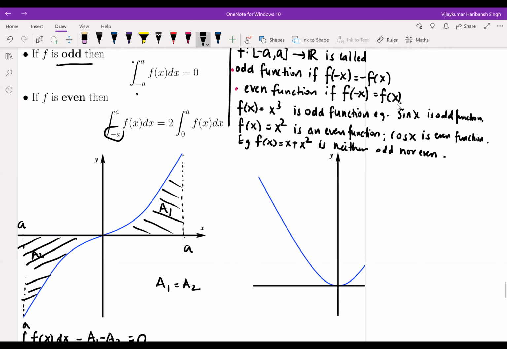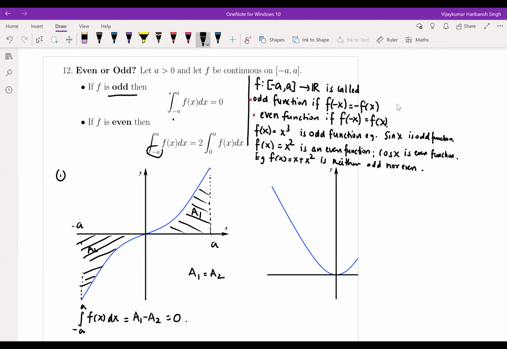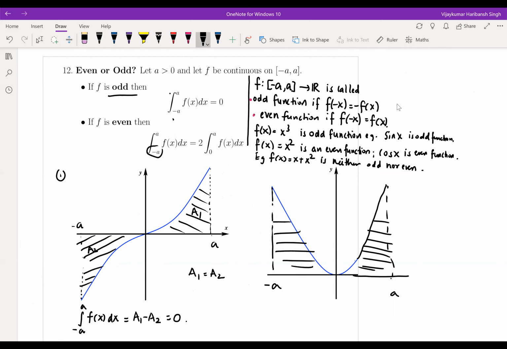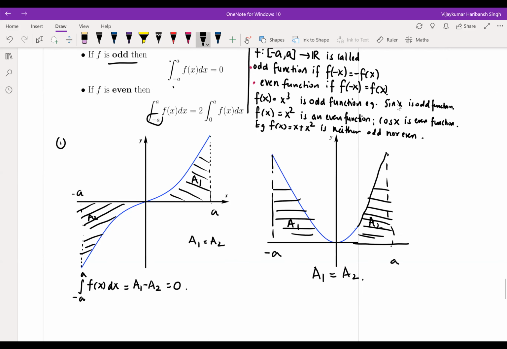Now for even functions, they are symmetric about the y-axis. So this is how an even function will look. If you are integrating an even function from minus a to a, this area and this area are exactly the same. a1 is equal to a2, and we get the integral from minus a to a of f of x dx is simply twice this one-sided area.